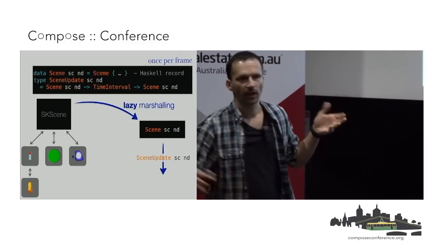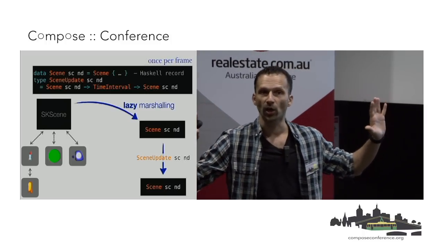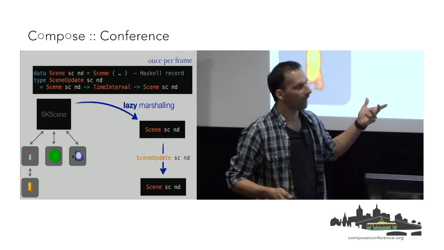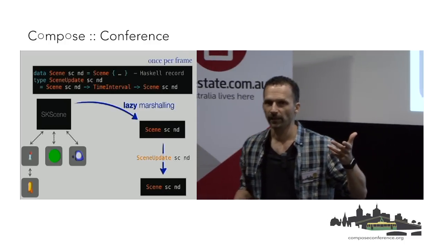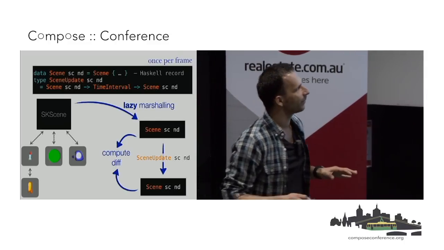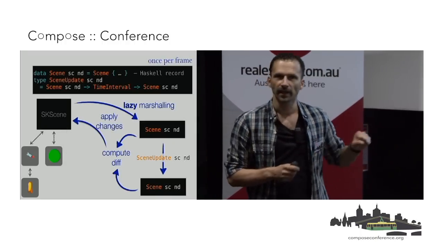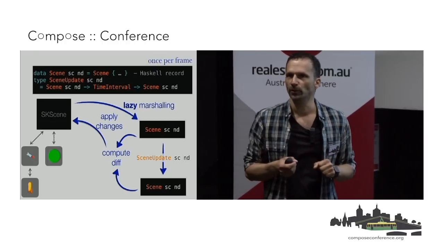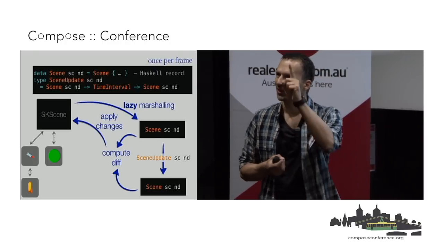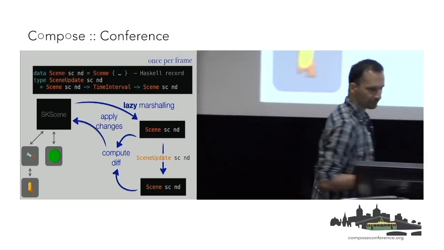Then we call a vanilla, pure, nice function, not even in the I/O monad, and we get a new scene representation. And then the magic happens. Behind the scenes, a diff is computed of whatever changes happened, and those changes are automatically applied to the object graphs. And we get the same behavior as we would if we wrote the corresponding Objective-C code. Only we wrote Haskell this time around. Okay? Does that sound like a plan?